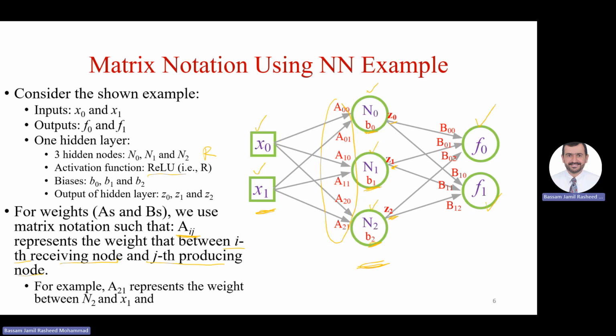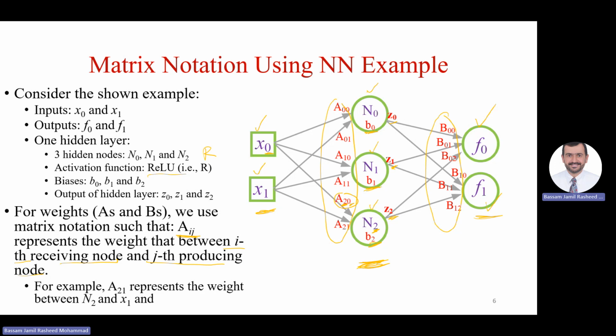So in this case, if you look at A2 to 0, the 2 references node 2 and the 0 references x0. And then also these B's, they are on the connections between the hidden layer and the output nodes.